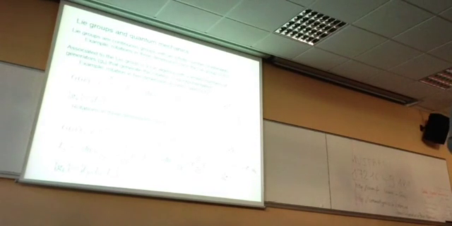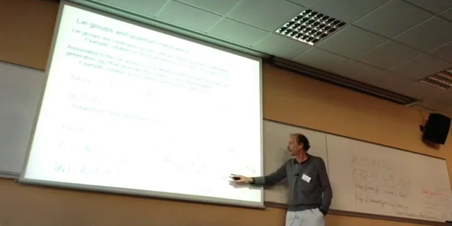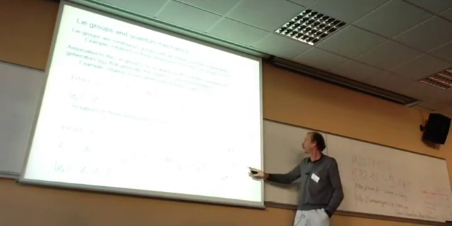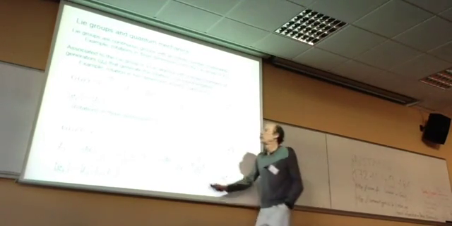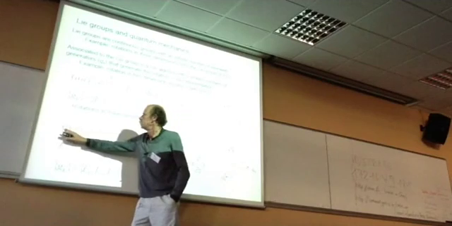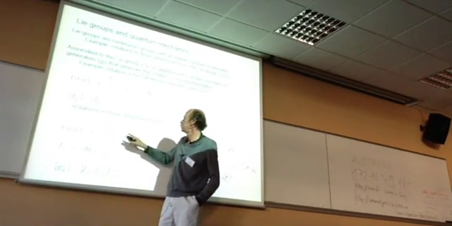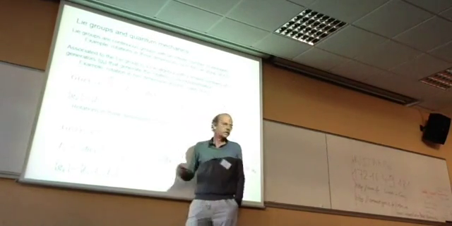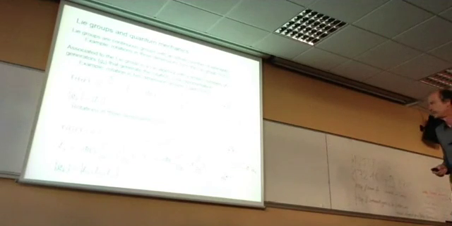If you do now rotations in 3 dimensions, then you have to do a rotation around the z-axis, a rotation around the x-axis, and a rotation around the y-axis. And you can generate any rotation in 3 dimensions by applying Lx, Ly, and Lz, the 3 components of the angular momentum operator.